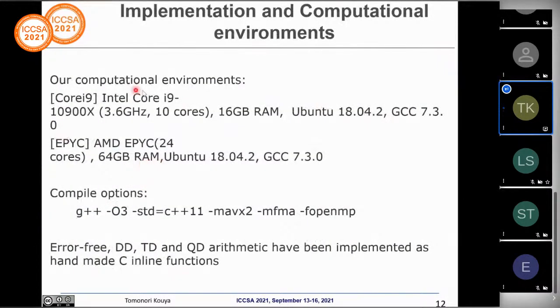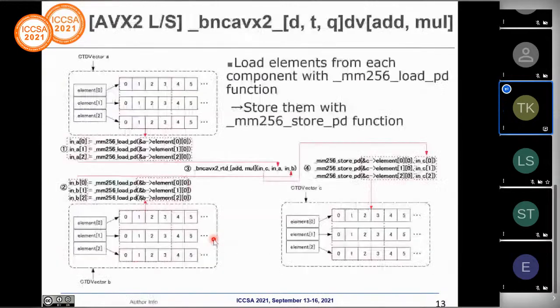We use two kinds of benchmark test environment. One is Core i9, and another is EPYC environment. On this computational environment, we implemented simulated error-free double, triple double, and quadruple double operation arithmetic.